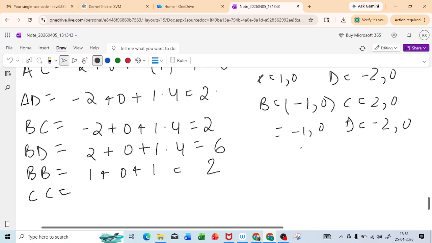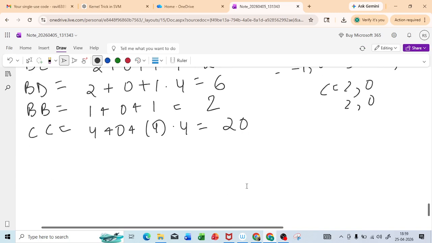Alright, let's calculate CC. C is equal to 2 comma 0, so it becomes 2 into 2, 4, plus 0 into 0. So x into u is 2 into 2, 4, 0 into this, plus we have 4 into 4, 16 plus 4 is nothing but 20. Also let's write CD.